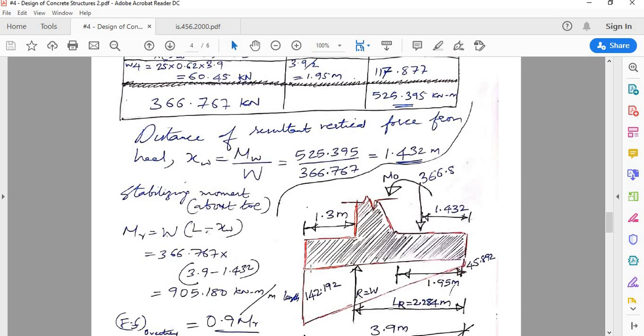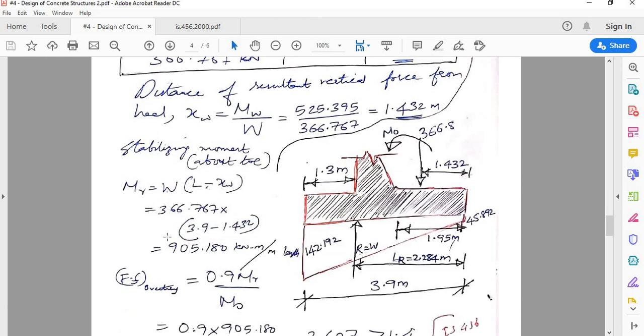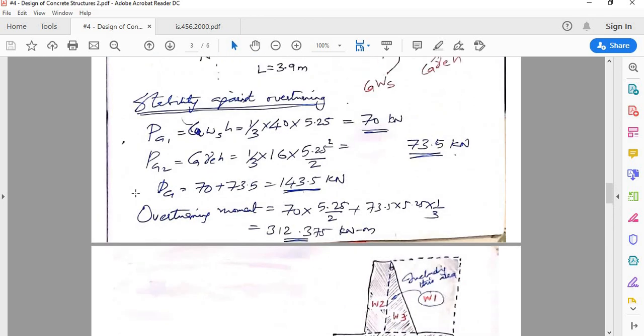So about the toe, it will be 3.9, which is the total length of the base, minus 1.432. So 3.9 minus 1.432 is the lever arm, and you will get the moment, 905.180.